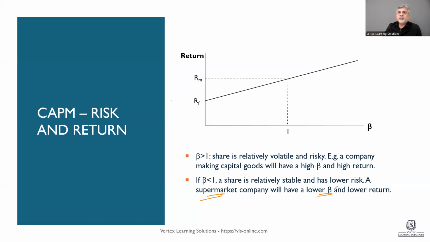You don't stop eating eggs or bread or cheese. There might be a little change in demand, where you don't buy an expensive cheese but a low-price cheese, but you still buy the thing. So supermarkets face less risk, and therefore their returns are lower than the market average return, and their beta value is always lower than 1.